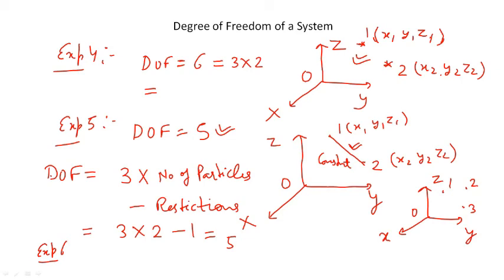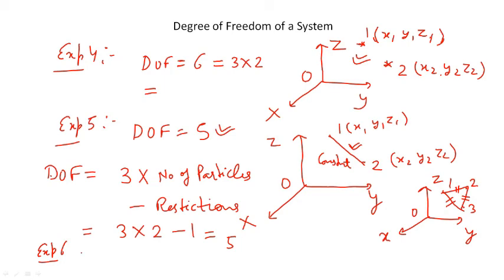Here the restriction is that the distance between the objects is constant. Let us assume the distance between object 1 and 2 is constant, the distance between 2 and 3 is constant, and the distance between object 1 and 3 is constant.